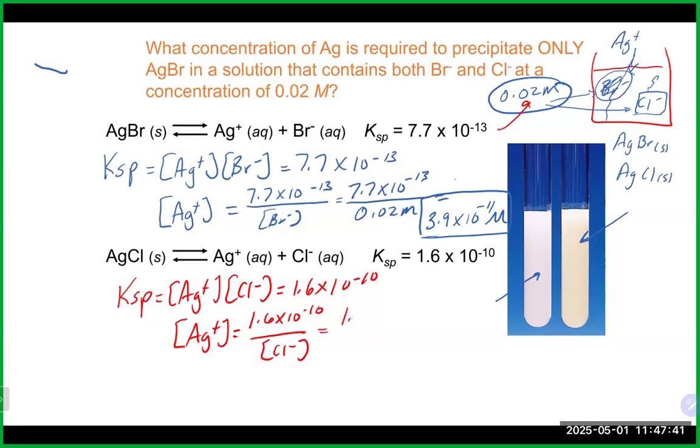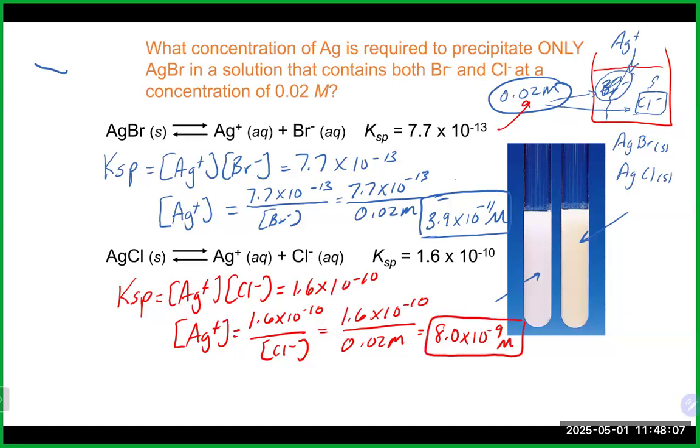So we pop our number in there, 1.6 times 10 to the minus 10 divided by 0.02 molar, and we get something like 8.0 times 10 to the minus 9 molar.